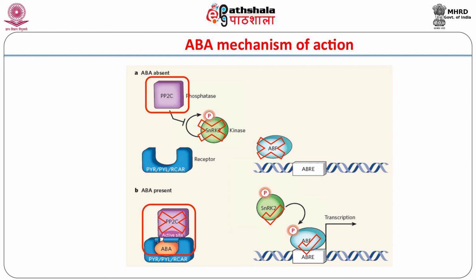Binding of ABA to the receptor leads to inhibition of a specific protein phosphatase, PP2C, which is a constitutive negative regulator of a family of kinases called sucrose non-fermenting or SNF1 related protein kinases. Autophosphorylation of SnRK2 activates the kinase, which then phosphorylates several downstream transcription factors that include abscisic acid response element binding factors or ABFs.